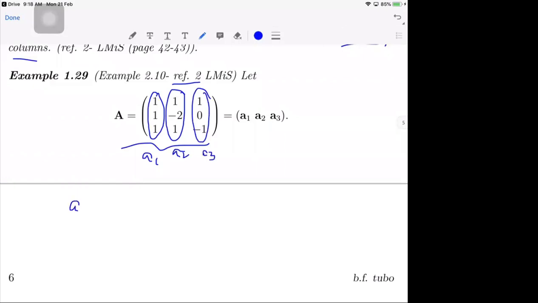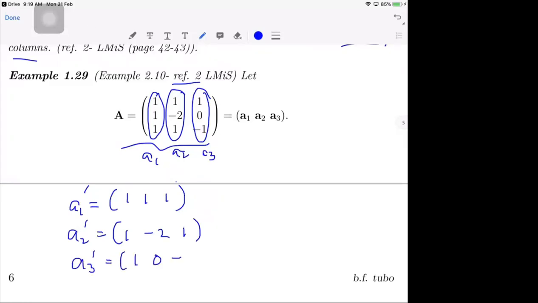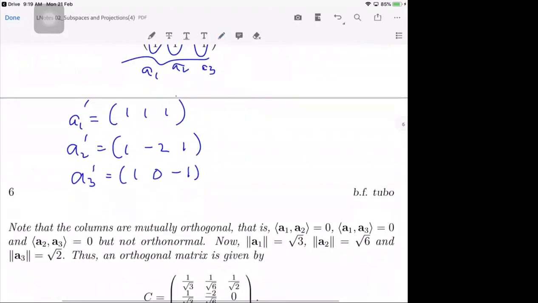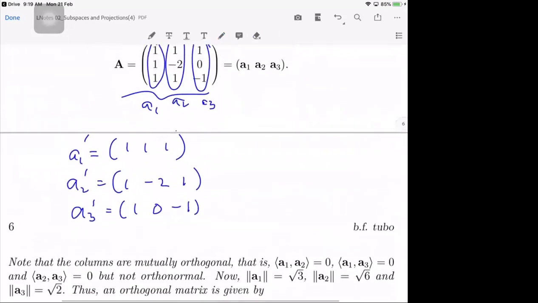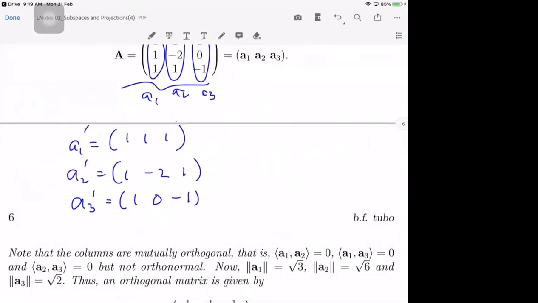So A1 transpose is 1, 1, 1. A2 transpose is 1, negative 2, 1. And A3 transpose is 1, 0, negative 1. We will try to check if this is an orthogonal matrix.